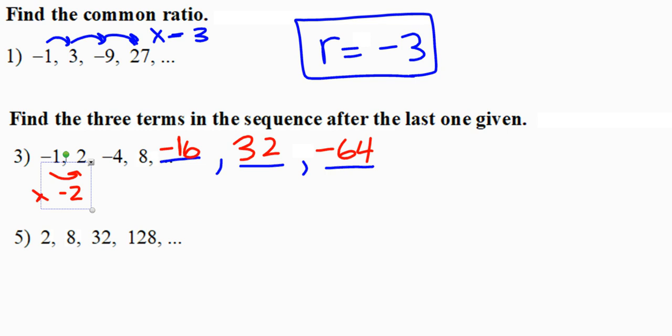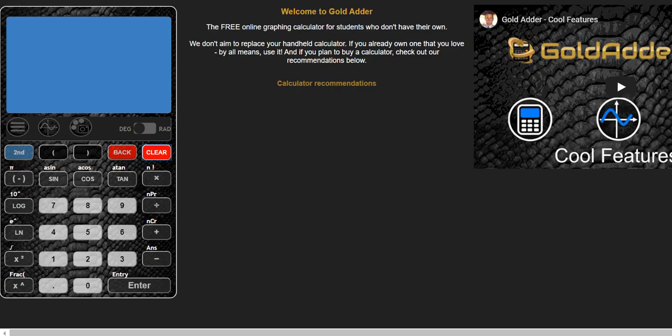Same question. Find the next 3 terms. So again, we want to figure out what they're doing. How are they getting from number to number? Well, it looks like times 4, right? Times 4. I don't trust myself to do times 4 on numbers this big, so let's get a calculator. 128 times 4.